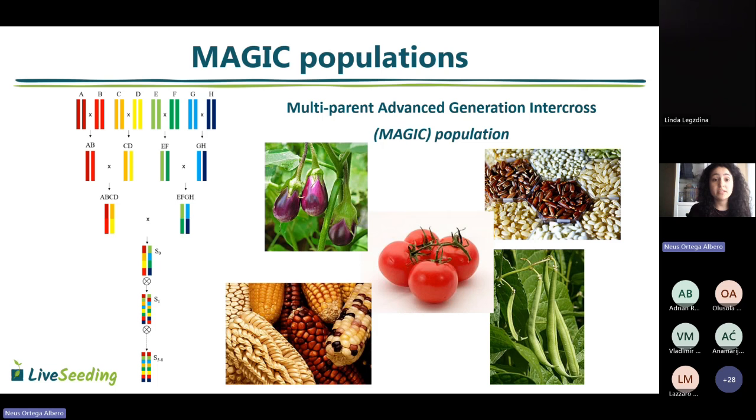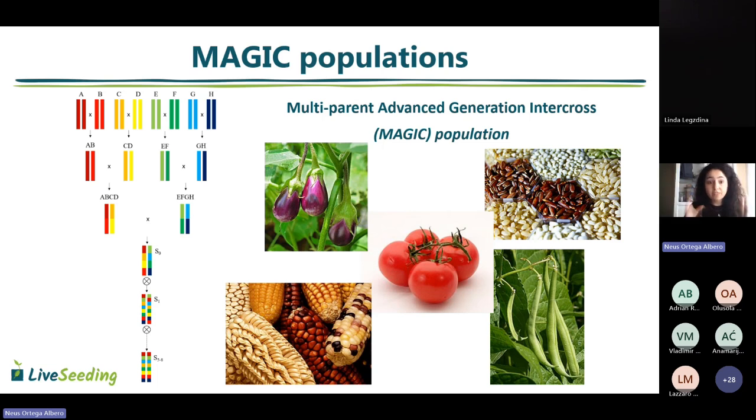Basically, what they do is intercross parents, F1 hybrids and F2 hybrids, in pairs, obtaining a base generation with recombination of all the 8 genomes of the parental lines.